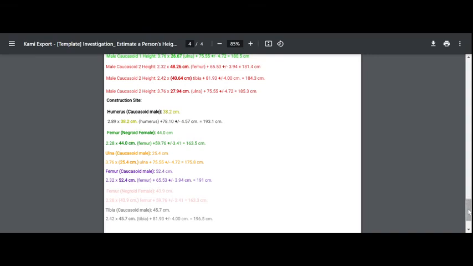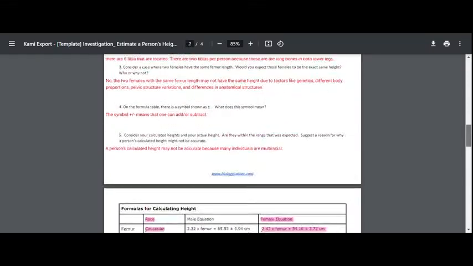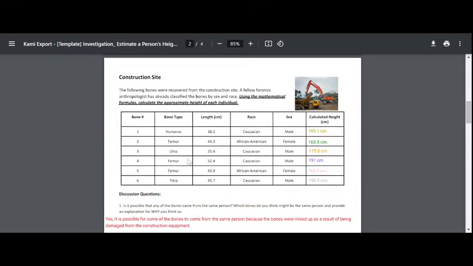So the next one we're going to look at is also a femur, and that's in pink. So bone number 5 is a femur with a length of 43.9 centimeters. The race is African American, sex is female, where the calculated height is 163.3 centimeters.